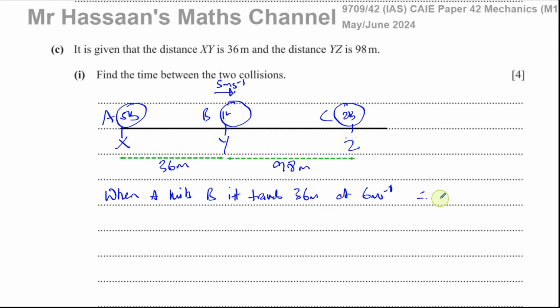So therefore it takes 6 seconds, at a constant speed of 6 meters per second. So it's taken 6 seconds for A to hit B.